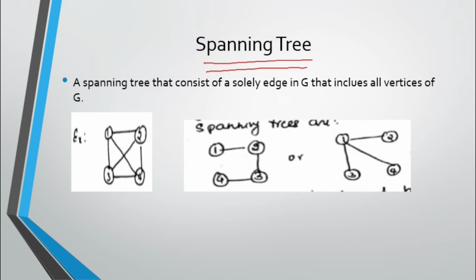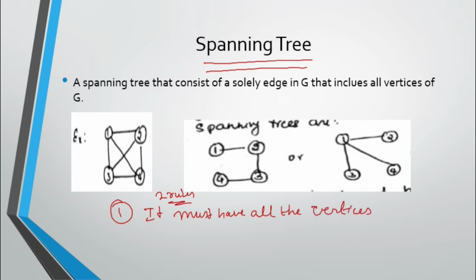So what is the difference between a spanning tree and a tree? In a spanning tree there are two rules. The first rule is that it must have all the vertices.